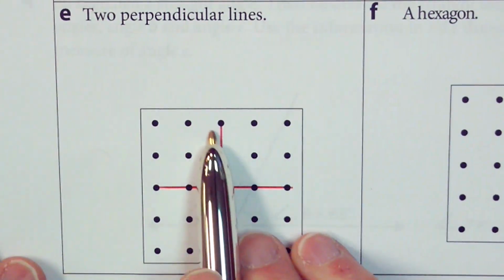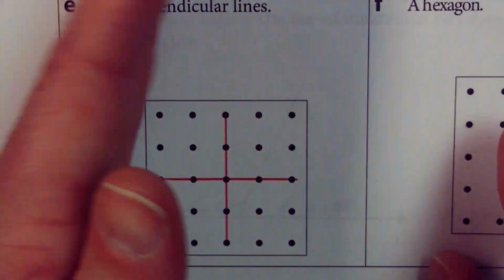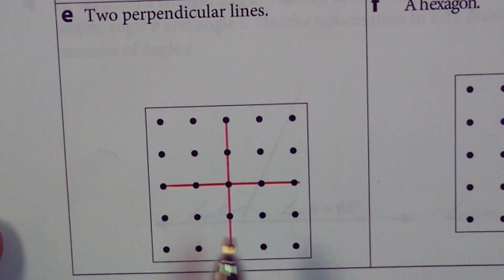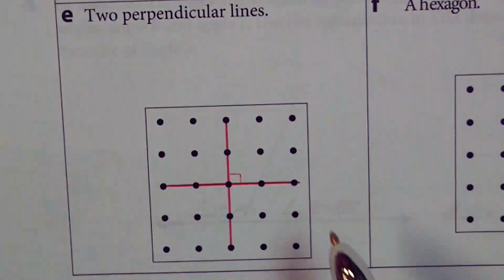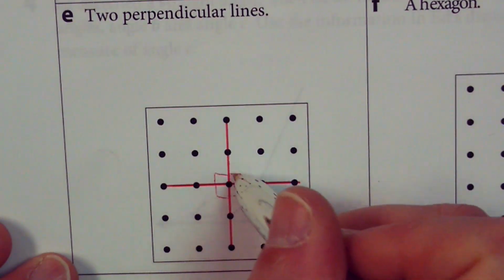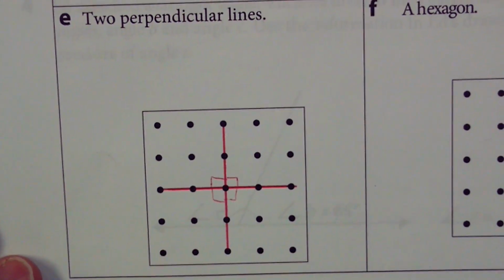Because if one goes straight up and one goes straight across, there's no angles, like one's not crooked at all, straight up, straight down, straight across, we know that this is 90 degrees. Those are perpendicular. Now the fun part is that we know that this is 90 degrees, this is 90 degrees, and this is 90 degrees. It has to be, because of the way they intersect. So these are perpendicular lines.